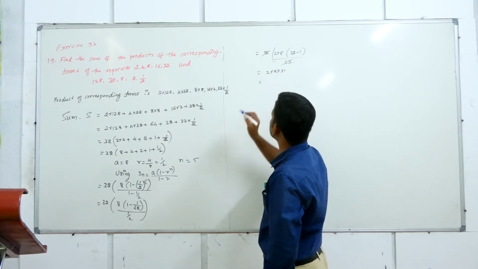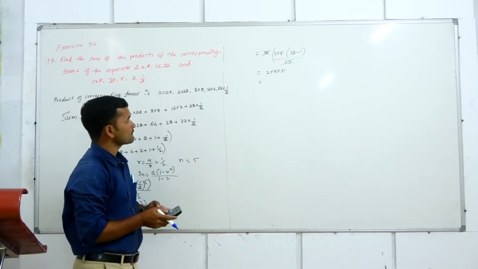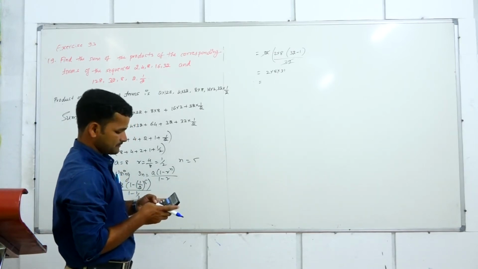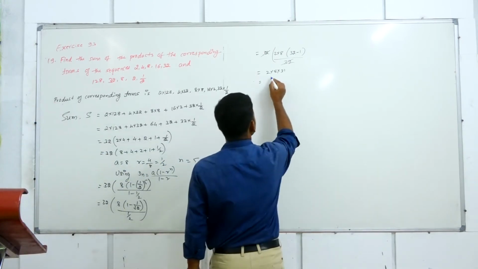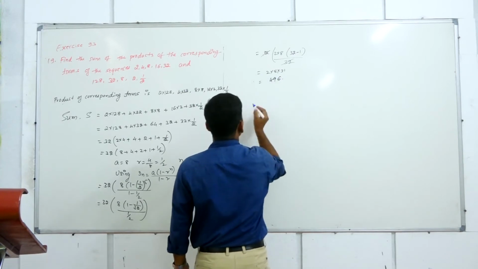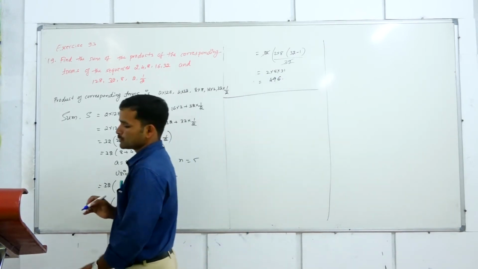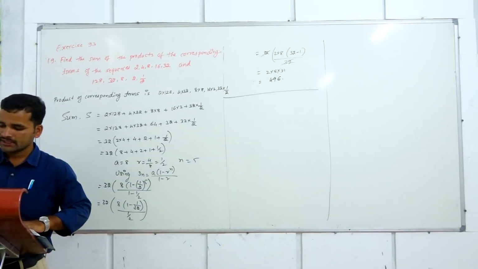This, you enter in the calculator, 2 into 8 into 31. Answer 496. This is about problem number 19. Now we will go to problem number 20.